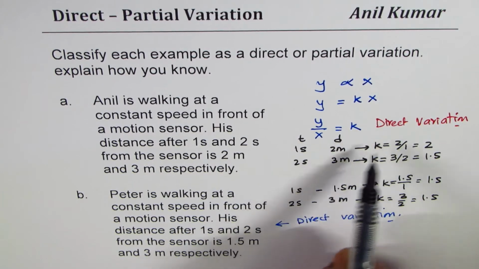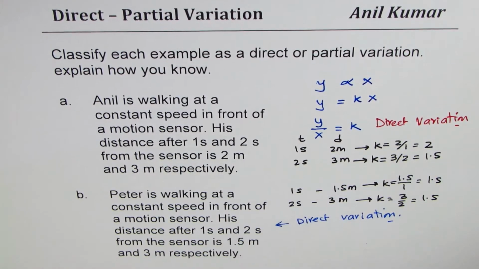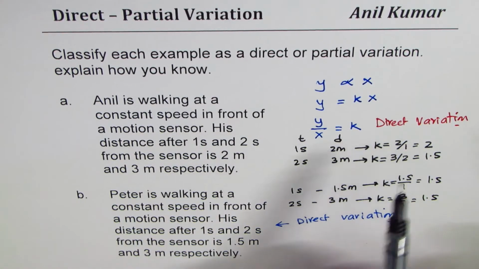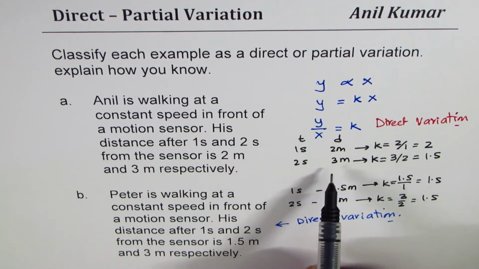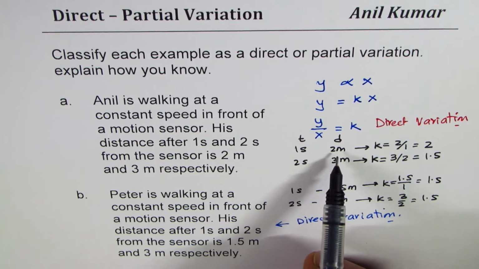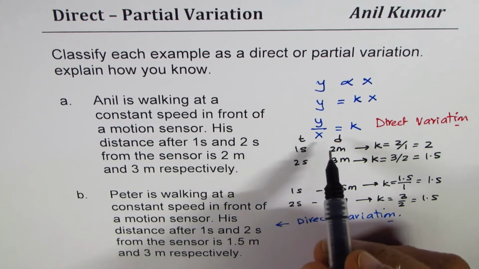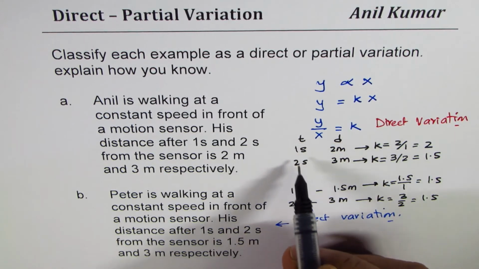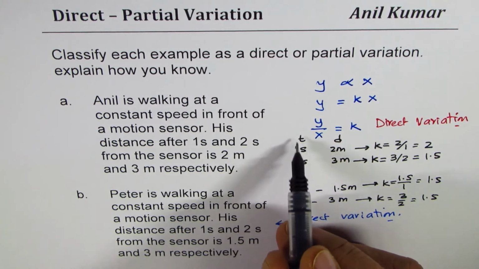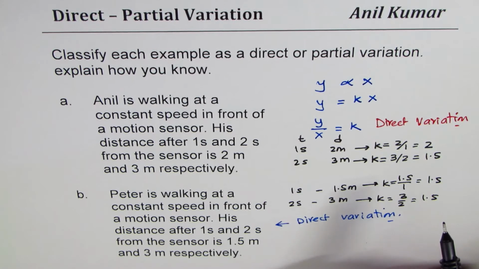Since k was not constant, we can say that he started from not 0, somewhere else, correct? So if you go through this, in 1 second Anil travels 1 meter, right? So if I go back, what was the position at 0 seconds, the starting position?